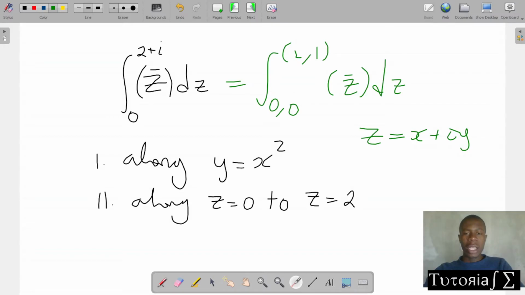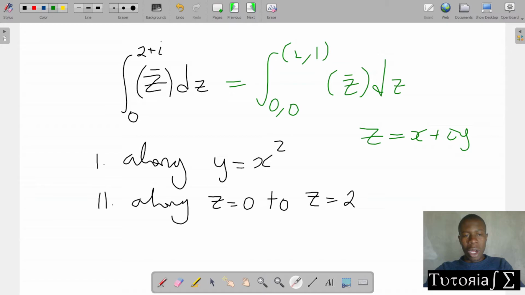So we pick a line that we choose. We've been given to integrate along this line, y is equal to x squared. First of all, we need to find an expression for z using this equation that you are familiar with. This will be your friend throughout line integration. You will use this equation to find your dz corresponding to whatever is there, and you simply integrate like that.